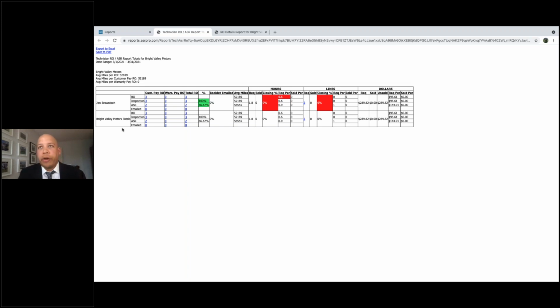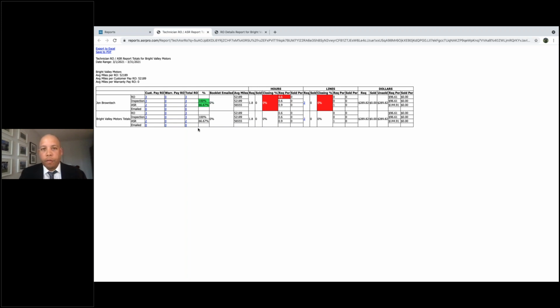So this is a generic one, but when it's in a full live dealership and dealers say, my ASR numbers are low, my decline numbers are low, we'll pull this up and we'll say, well, he had 45 ROs, he inspected 42, he had 12 that had upsell on them. His average miles was 80,000 miles. So that's where we can get a lot of traction here.